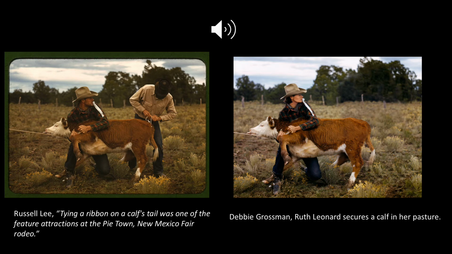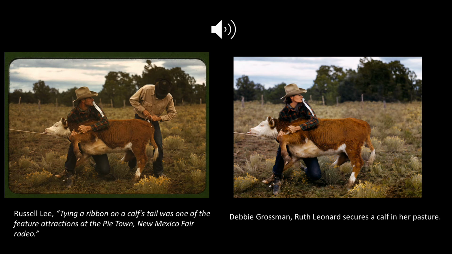Grossman has removed the figure tying a ribbon on the calf's tail in Lee's photograph altogether, and has also worked with Photoshop to change the facial structure of the male figure to appear more feminine. And it's quite striking, I think.